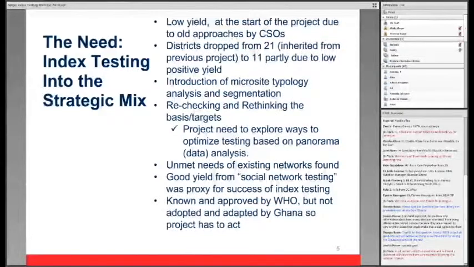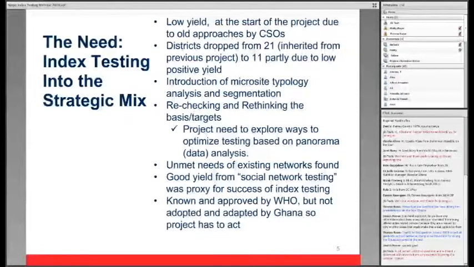We actually engaged in rechecking and rethinking the basis and the targets, and conducted in-depth analysis to understand the needs of existing networks of sex workers and MSM. We also already had in place what we call social network testing, where we have a cohort of members of a key population network and target their leaders, able to conduct testing among that social group.